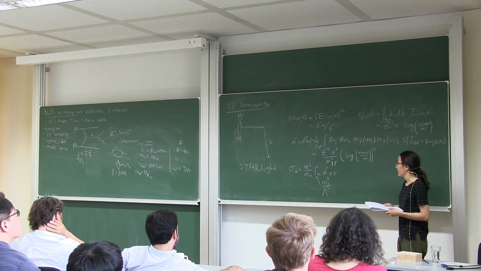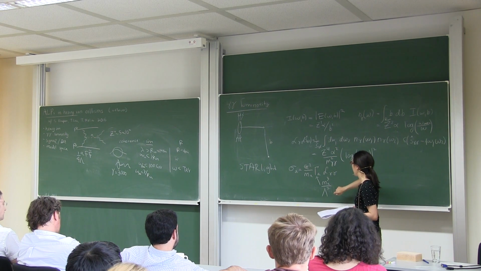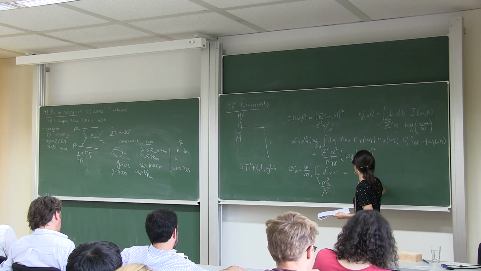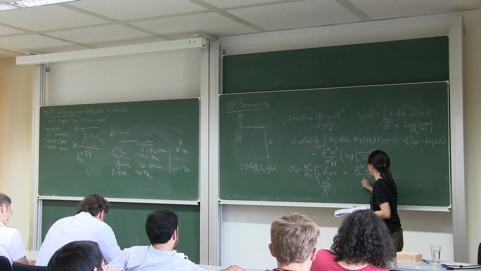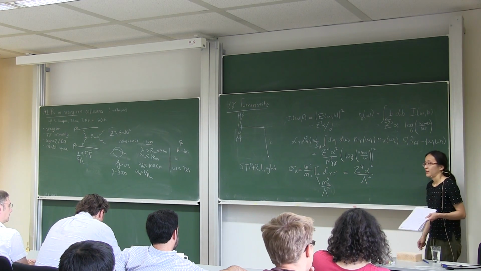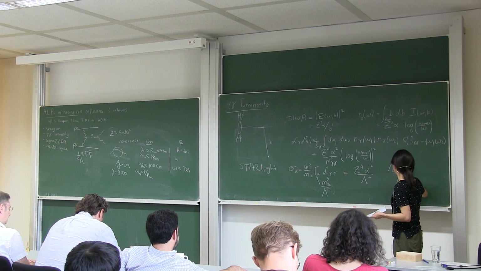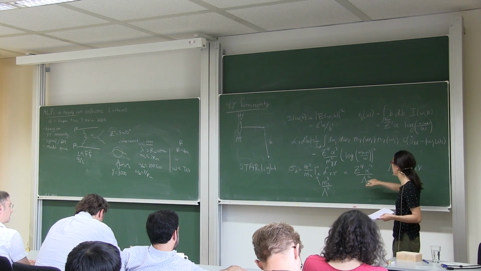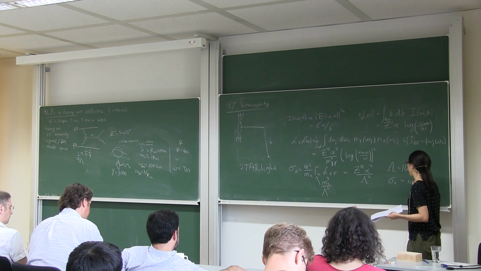But now if I plug this luminosity in here, these factors of mass essentially cancel, and I just get that the cross-section goes as Z to the fourth alpha squared over lambda squared. So you see, even for lambda of order 10 TeV, this Z to the fourth factor is going to be enough to give us cross-sections of order nanobarn.